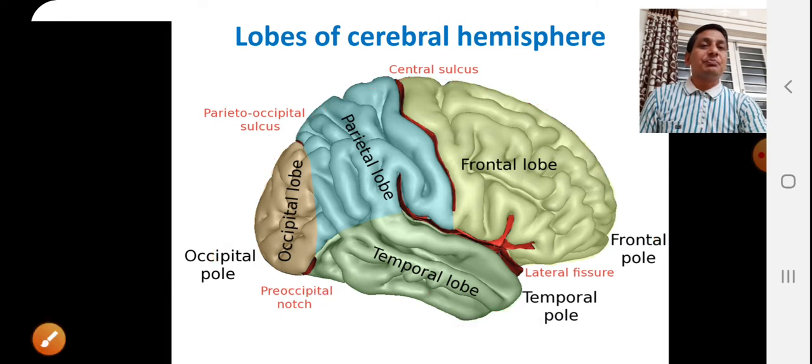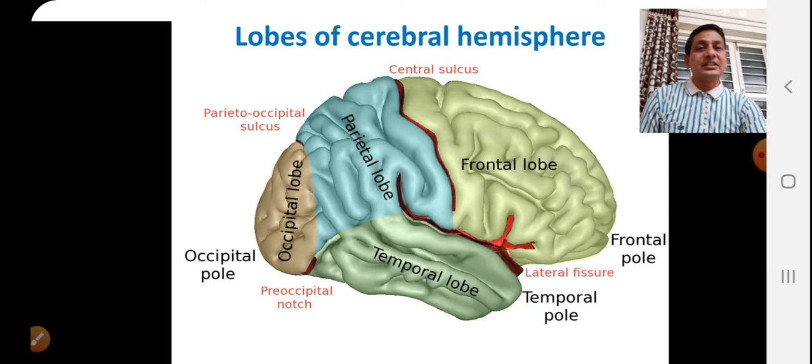Each cerebral hemisphere has three poles, frontal pole, occipital pole, temporal pole, then three borders, three surfaces, superolateral surface, medial surface and inferior surface.